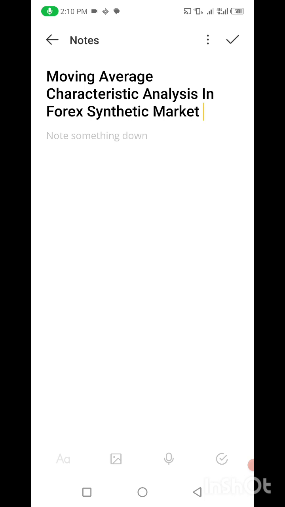The aim is to filter the human error, which is inherent in every analysis. Whether you are trading short term or long term, you are going to be prone to these errors, and it is the indicator that is going to allow you to be free from these errors. Okay, the indicator is moving average. That's what you are going to be using to explain this topic.